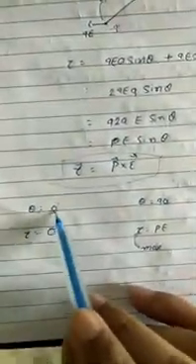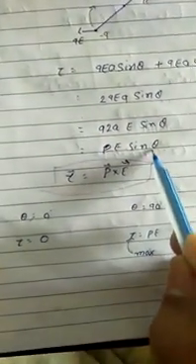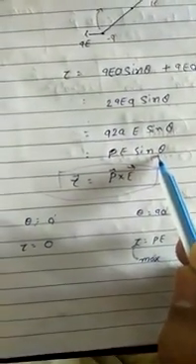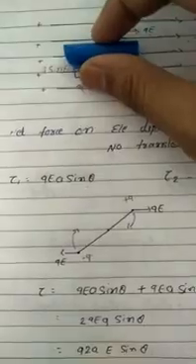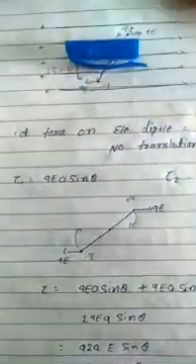Now we consider the different cases for this. Suppose the angle theta is equal to 0. Then sin 0 is 0, which means there is no torque on this dipole moment. It means the dipole moment is aligned with the uniform electric field.